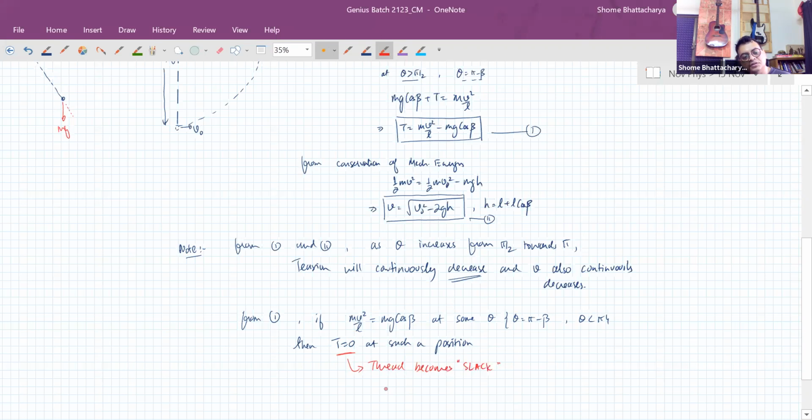So if this happens, then the particle will not continue circular motion.